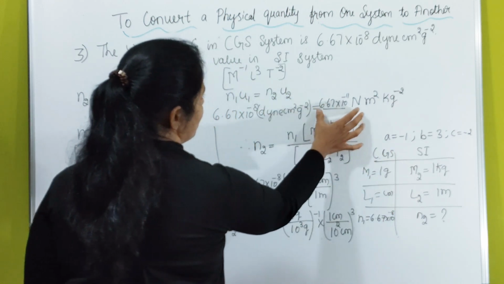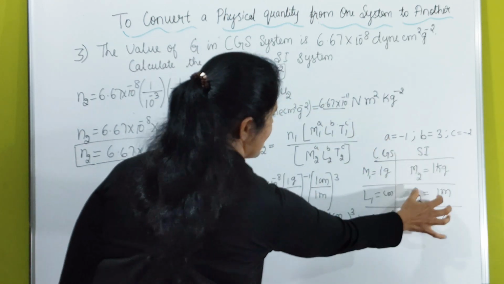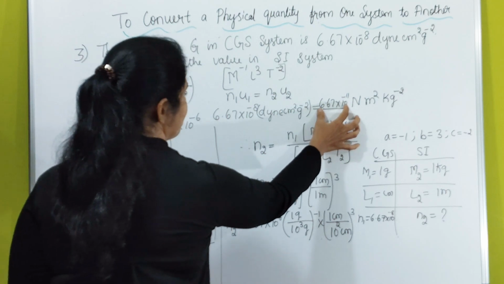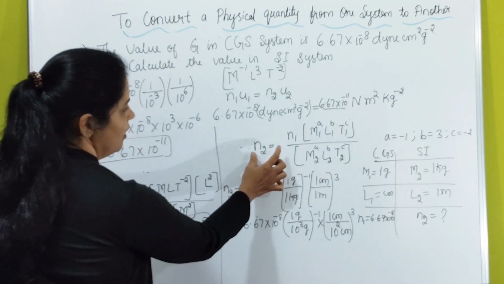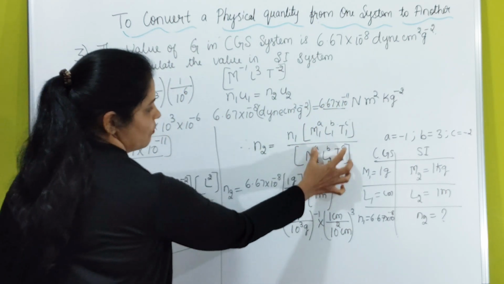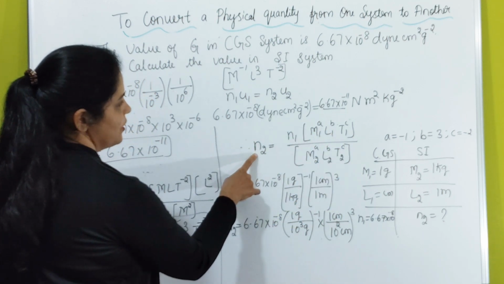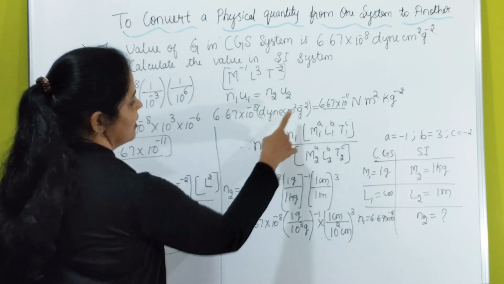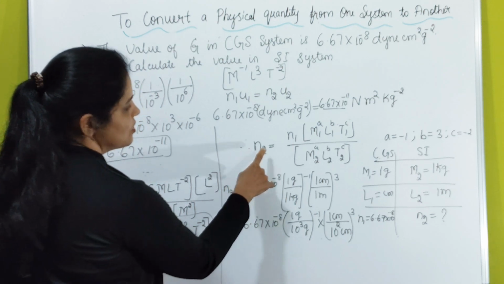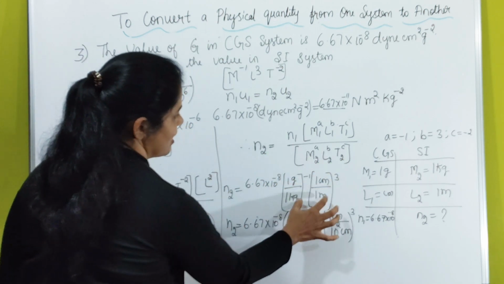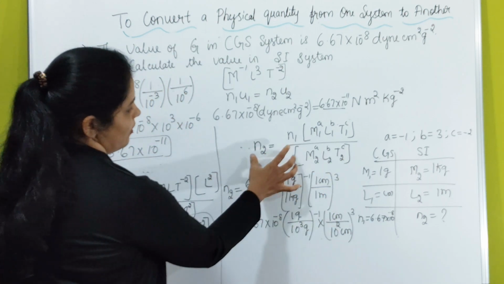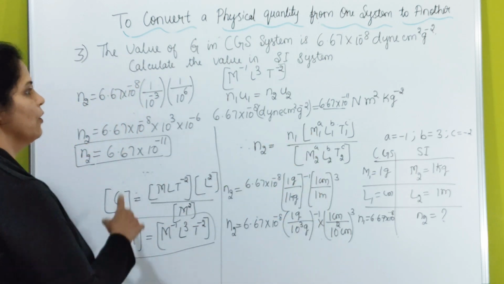And N2 U2, see, 2 means SI here, because N2 is unknown for us and we are using the same formula. While writing, you have to be careful. N2 is in SI, so all 2 means it's SI. Substitute properly. I hope it is clear.